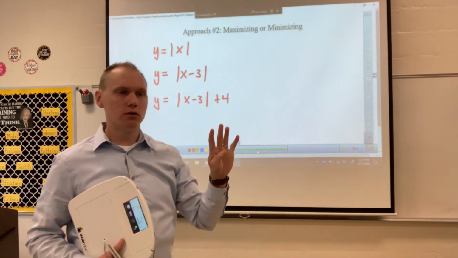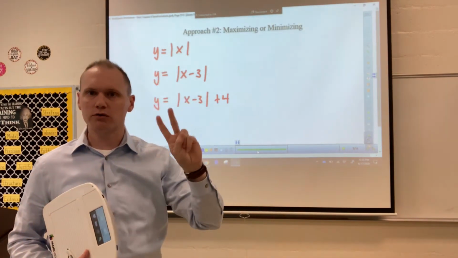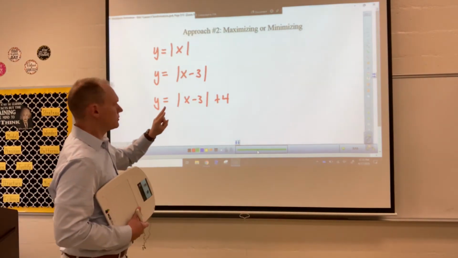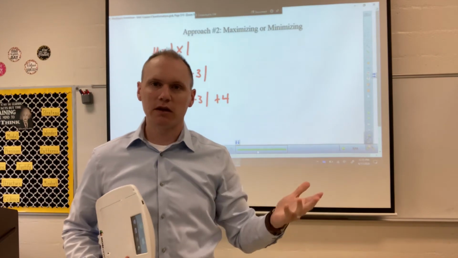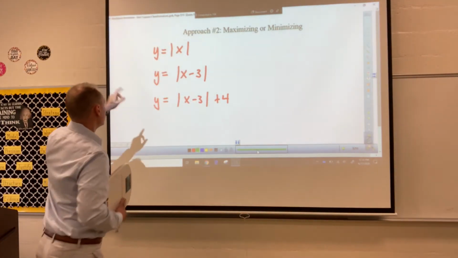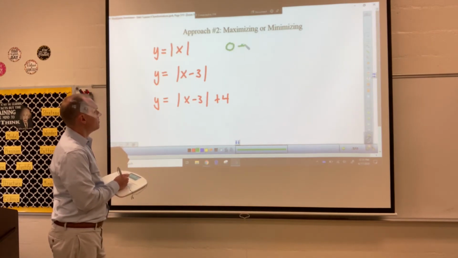Well, let's try 2. Absolute value of 2 is 2. Okay, I'm even smaller, so I'm minimizing. Can I do even better? How about negative 1? Absolute value of negative 1 is 1. Can I do even better? And you're probably saying, yes, you can by putting in 0. So yes, 0 input minimizes the output, which is also 0.